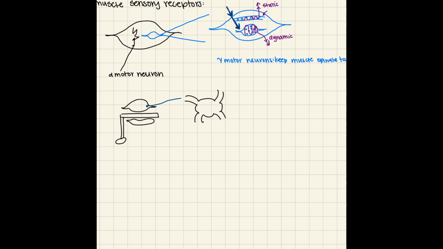The sensory neuron is going to synapse with a motor neuron. There's actually two motor neurons in the spinal cord. This motor neuron right here is going to be our quad motor neuron, and this motor neuron is our hamstring motor neuron.